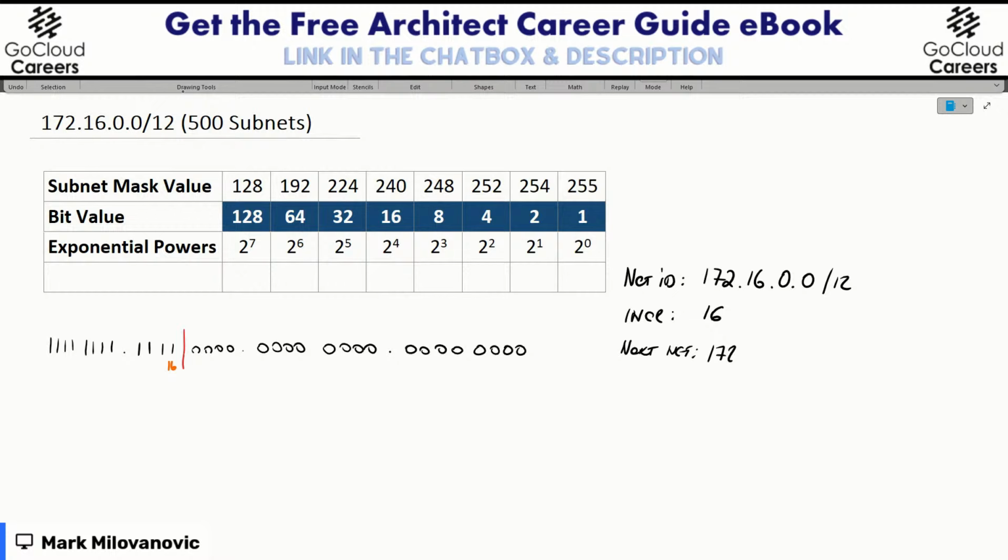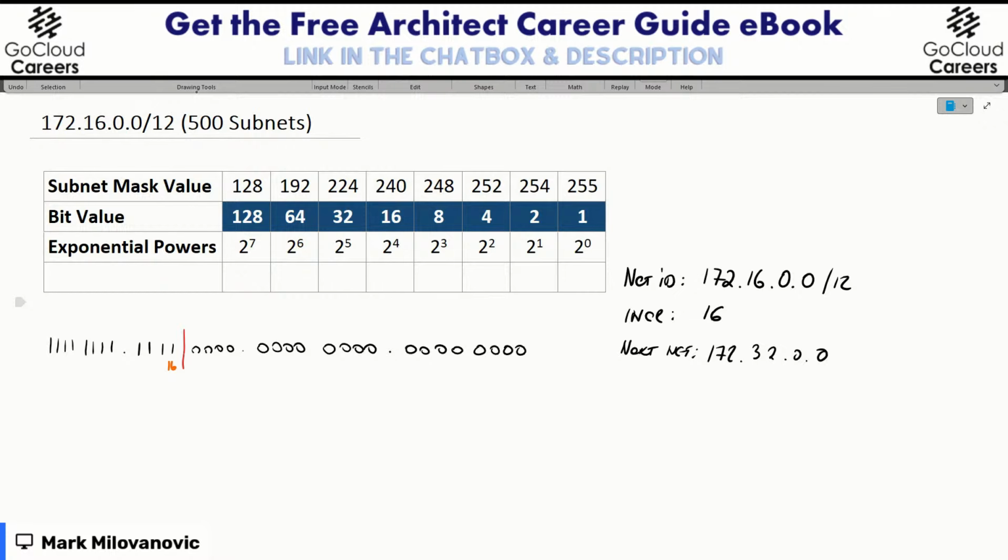That doesn't change. Because of the /12, I'm only interested in the second octet. That's where I'm doing my incrementation, which means 16 and 16 gives me 32. And then if I wanted to, I can fill in the rest of the information in case I was interested in knowing the range of my network, including my first IP address, my last, including the local broadcast IP address. Okay, so far we've done nothing new.